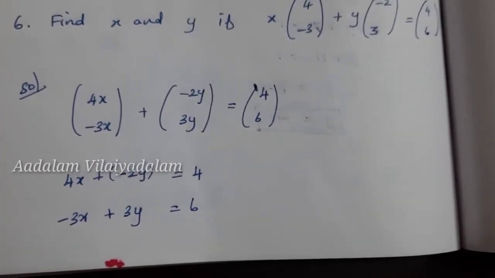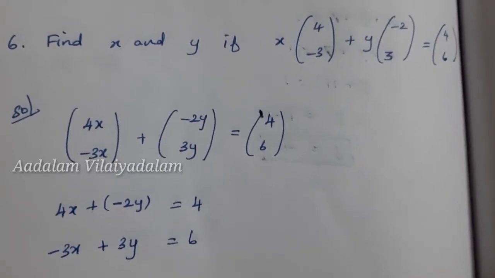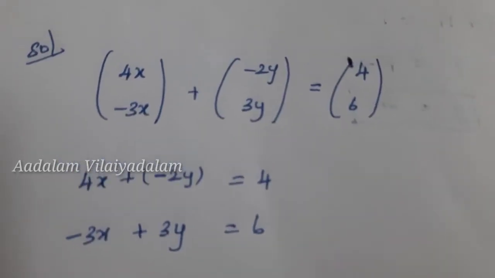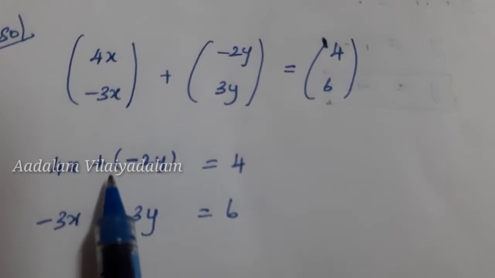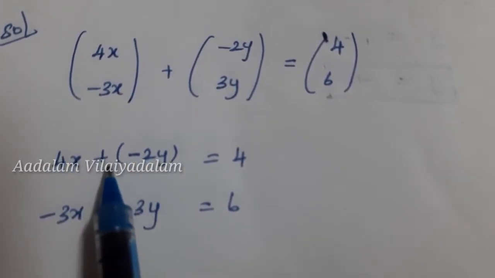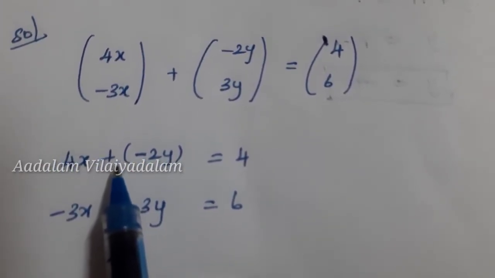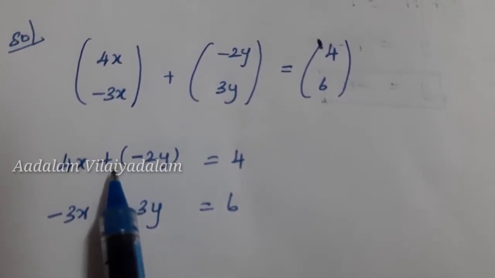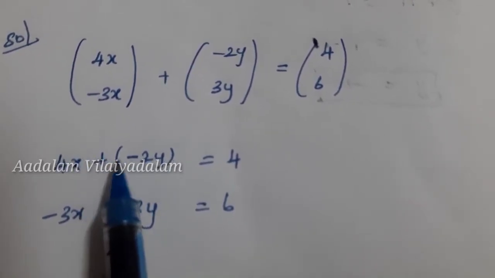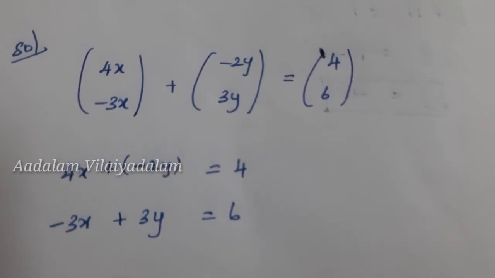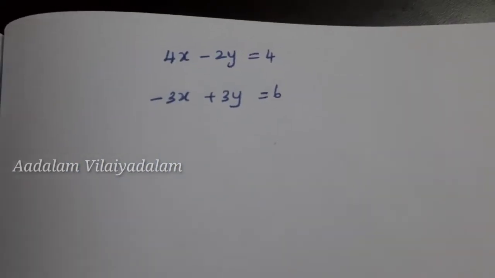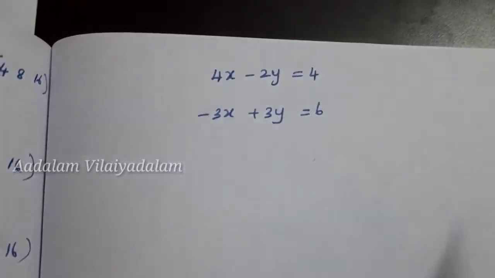So this is the equation we get from the matrix. Here, if there exist two signs nearer, then we can apply the multiplication rule, that is plus into minus we get minus. Therefore, we can solve the equation.